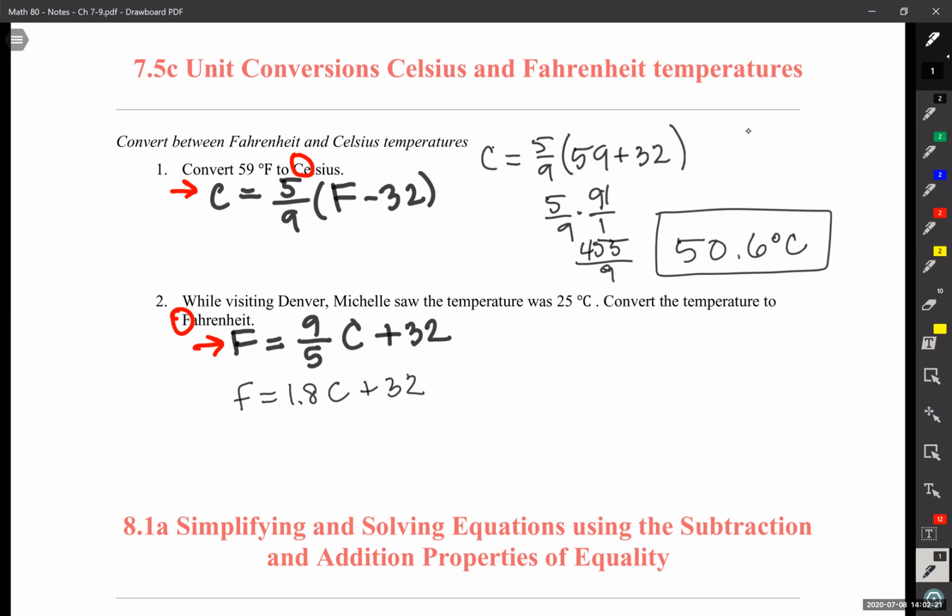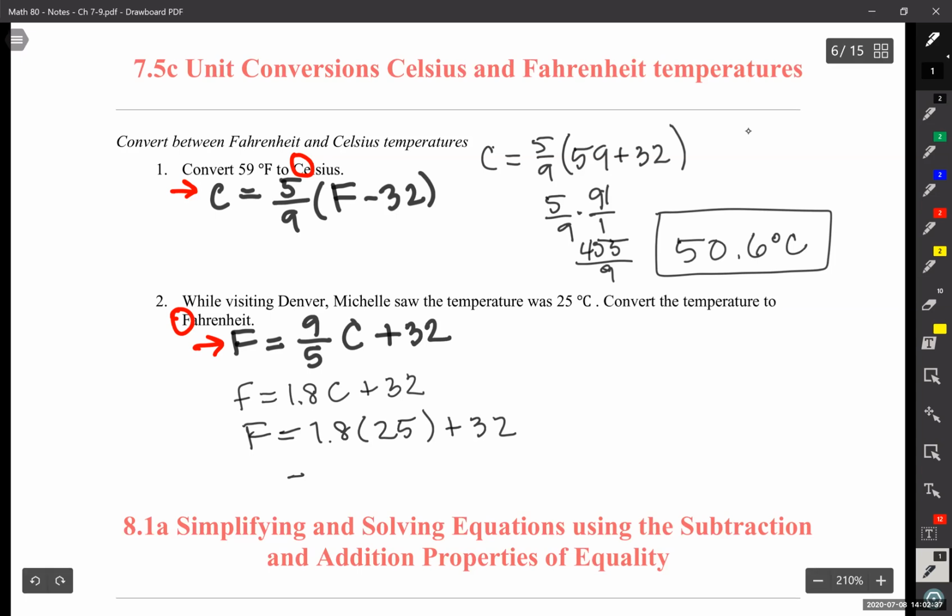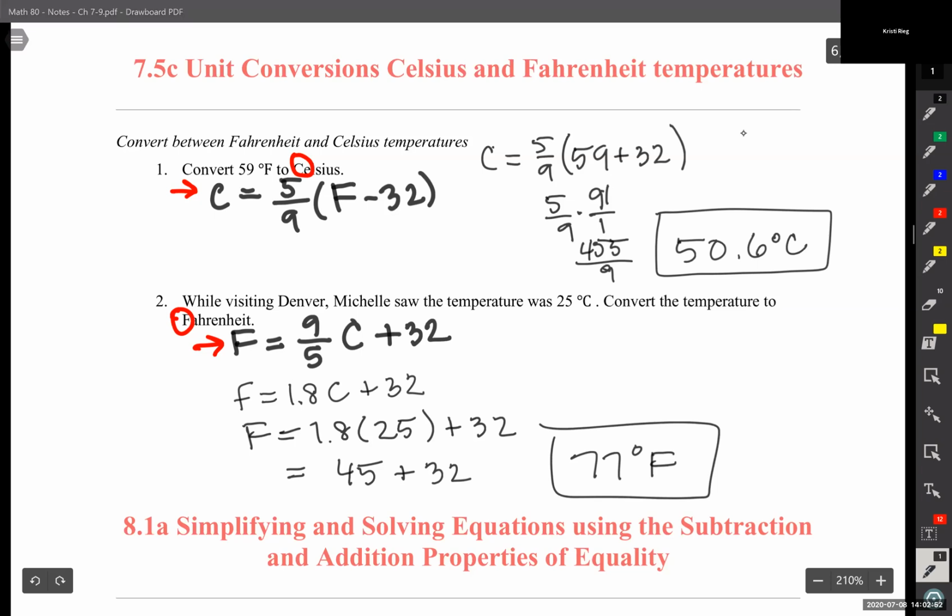Okay, so I'm going to plug in my 25 for C. Take 1.8 and multiply it times 25, which is 45. Add 32 and get my final answer as 77 degrees Fahrenheit. That's it. Quick little plug and chug.